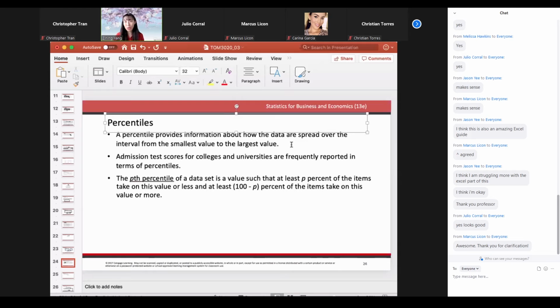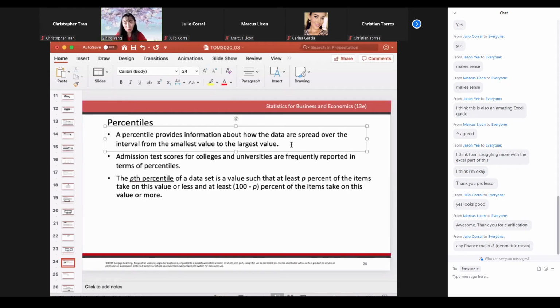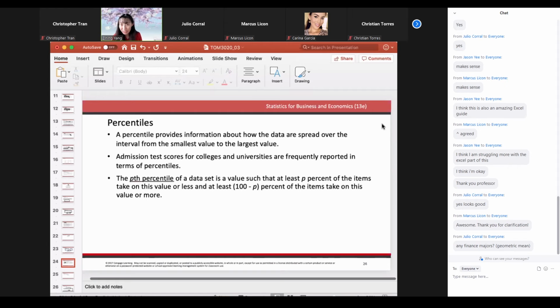Among the 100% of students, if we sort the scores from the smallest to the largest, there's only 10% of the students having a score higher than you.